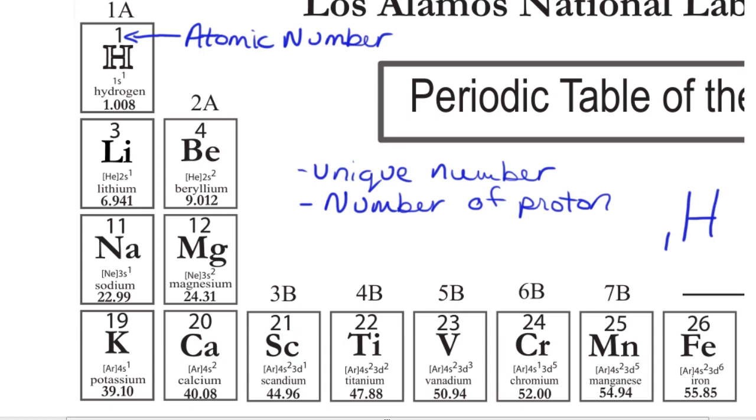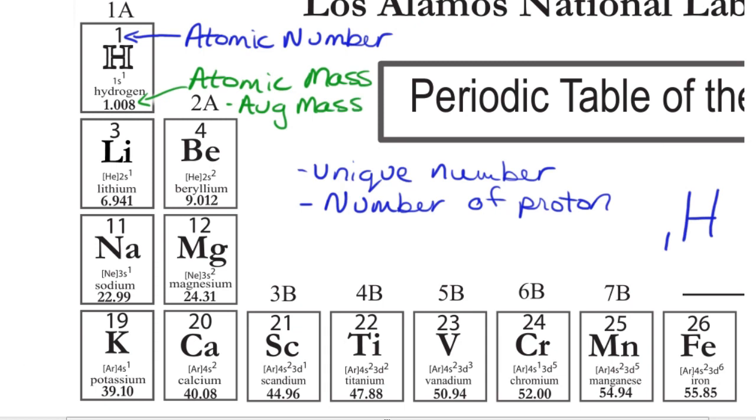Now, another useful piece of information on the periodic table is the number that's located in the bottom of the box. That number is what we call the atomic mass. The atomic mass is an average mass for that particular element.